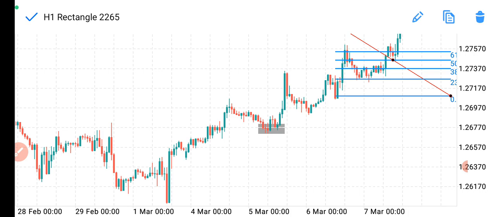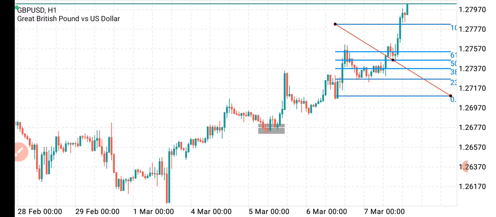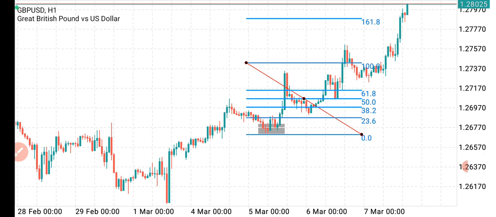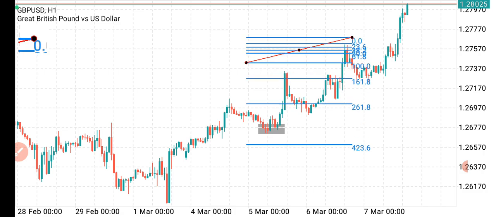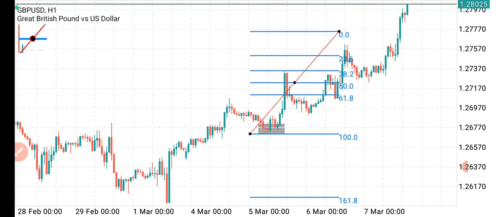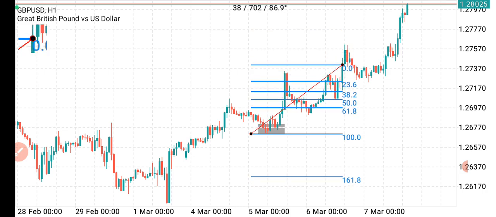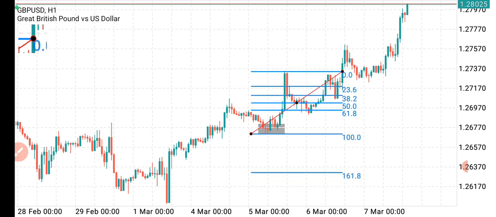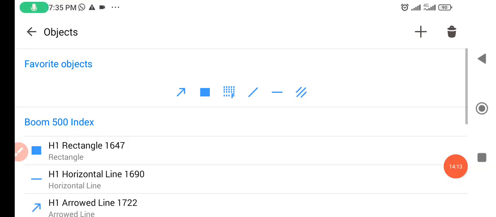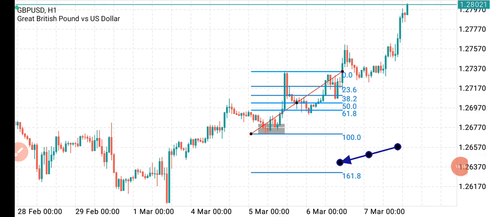So all you need to do is carry your Fibonacci, and then you will fib this zone. If you are doing wick to wick, you maintain wick to wick, and if you are doing the body of the candle, you maintain it body to body of the candle.